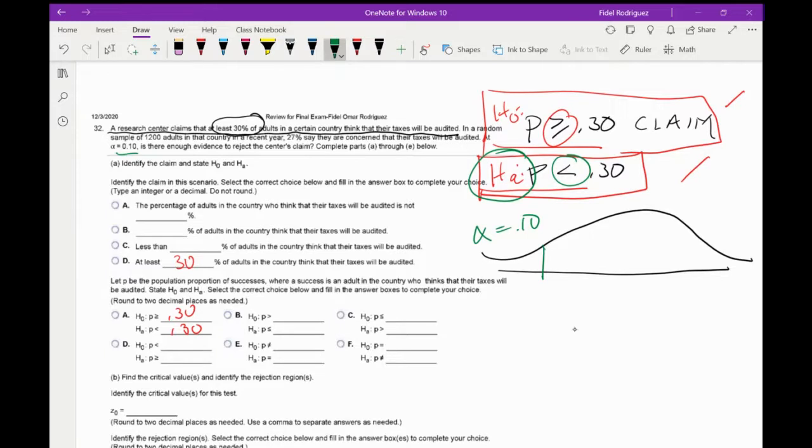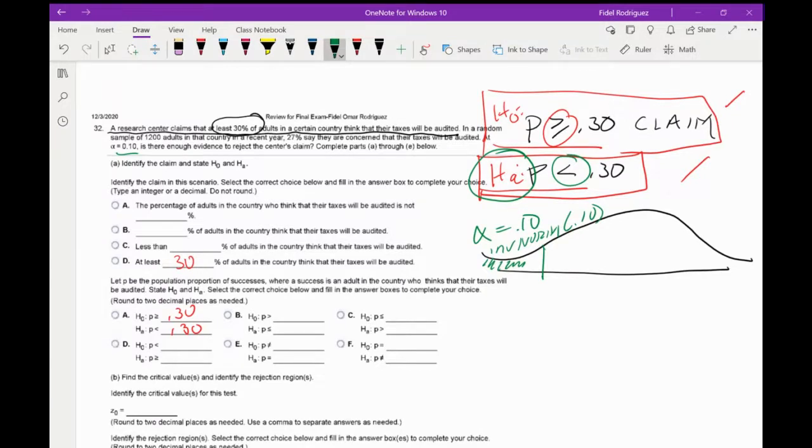I'm going to do this just like we did before. I'm going to find inverse norm of 0.10. So guys, I'm just going to take my calculator again. I'm going to go second, bars, inverse norm.